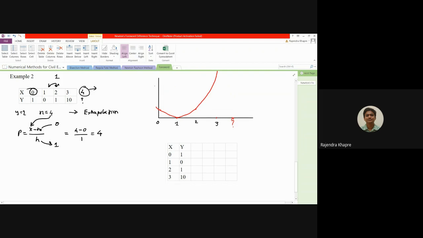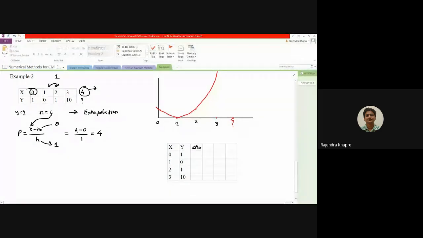Now I'll be working on the delta y0. What should I write down over here? Anybody? 0 minus 1, because it is the next value minus the current value. So this is going to become minus 1.